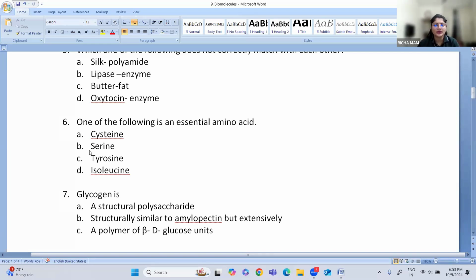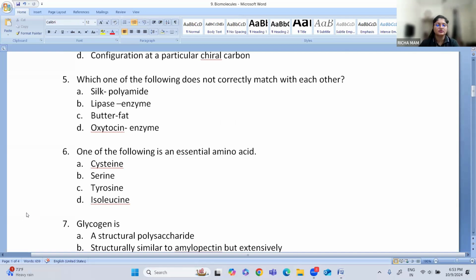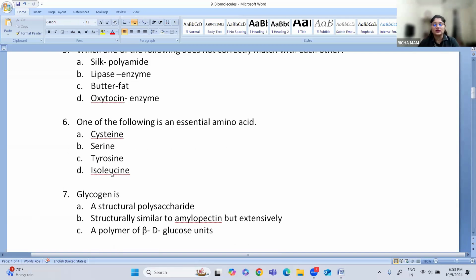A, cysteine; B, serine; C, tyrosine; and D, isoleucine. What is an essential amino acid?